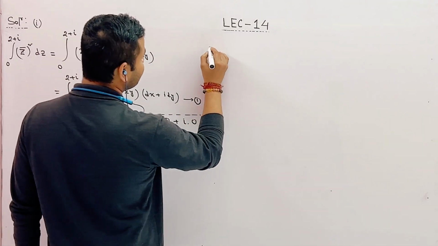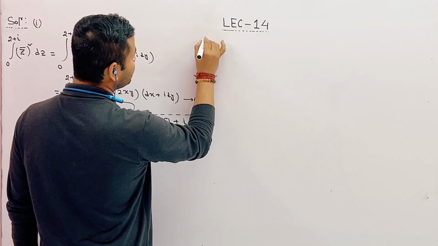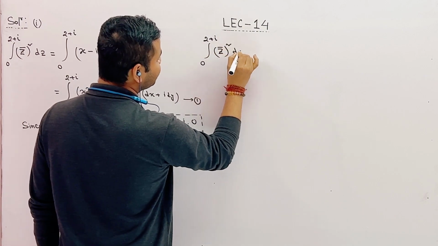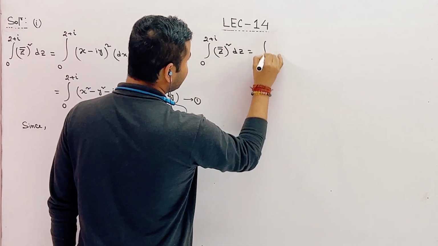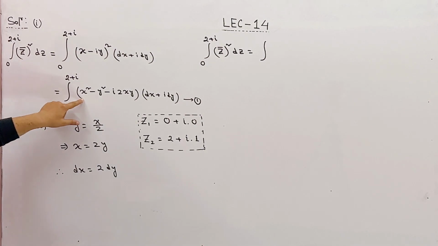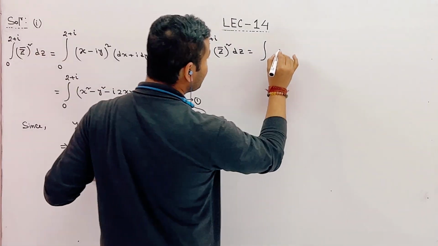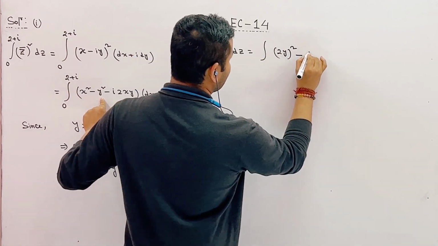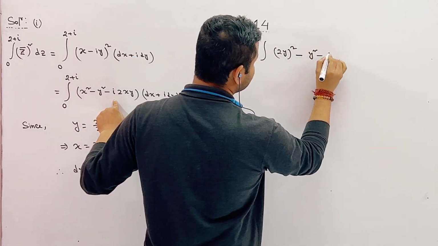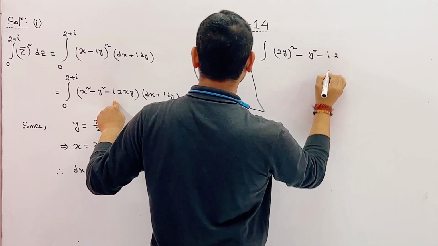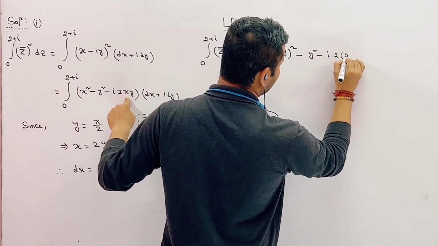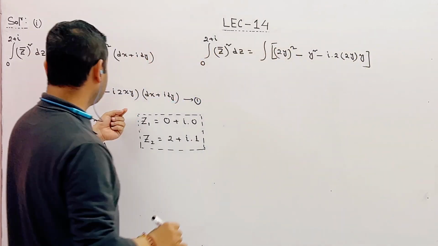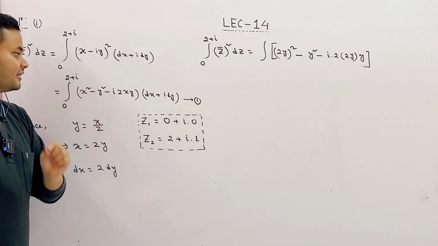Therefore, we get the integral from 0 to 2 plus iota of (z bar) whole square dz, which is equal to the integral of (x square minus y square) minus iota times 2xy, where x is twice y, into dx plus iota dy.